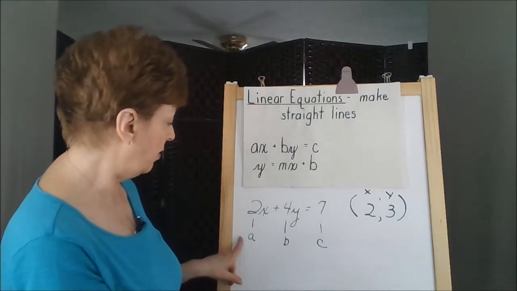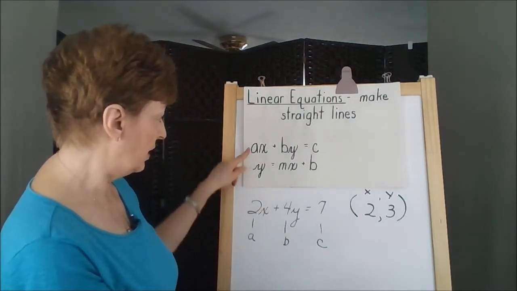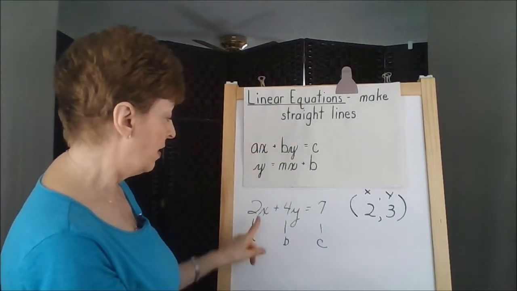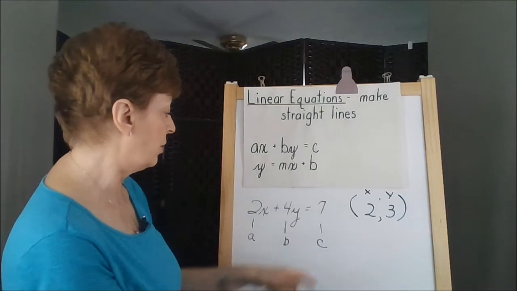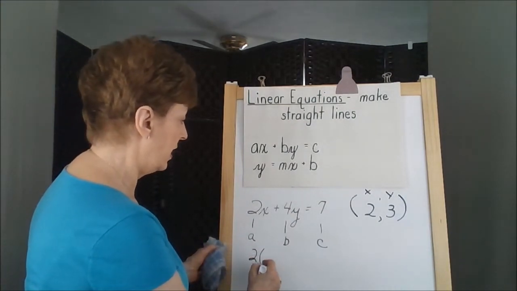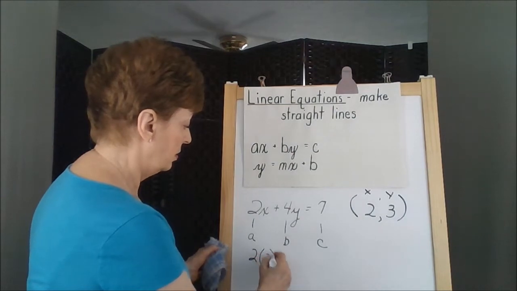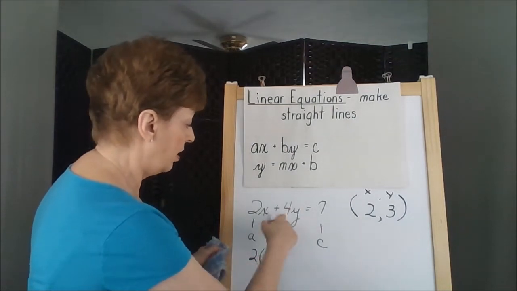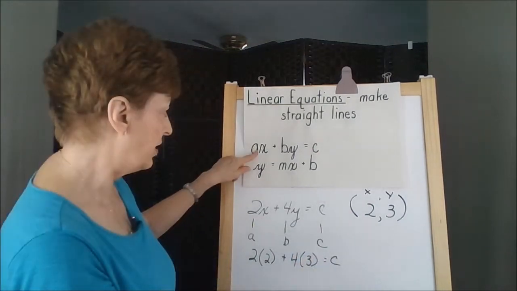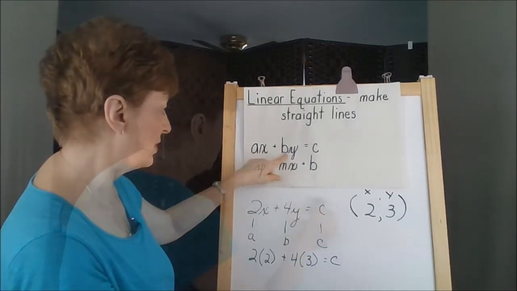That's where you would get your values, because you may have some number before these x and y terms. The x in this case would be 2. So in this case we would say 2 times 2 plus 4, the coefficient, times 3. That's where you get your values for the x and y in ax plus by equals c.